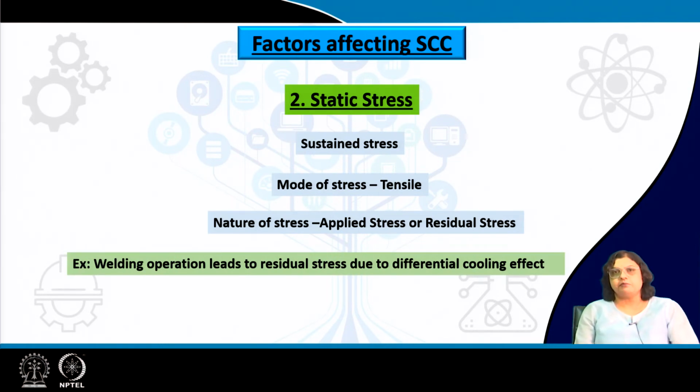Now, some examples that lead to stress corrosion cracking arise during the manufacturing process itself. For example, welding operations lead to residual stresses due to the differential cooling effect. The surface cools at a faster rate, and the internal sections, particularly the heat affected zone, have a different cooling rate and develop a different microstructure, which may behave differently in the corrosive atmosphere.